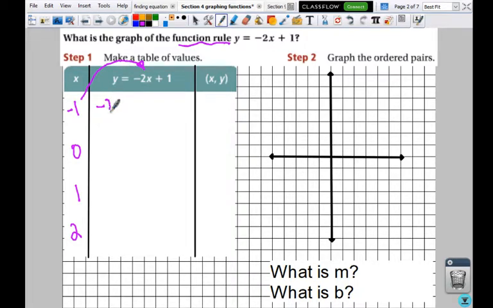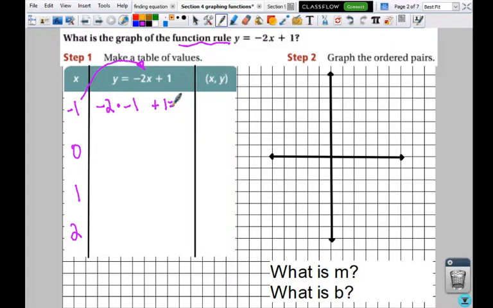So I'm going to have -2 times -1. Remember, there's a time between this -2 and the x. And I'm filling x in with -1. And then I have a +1 at the end. And I need to solve this to come up with my y.